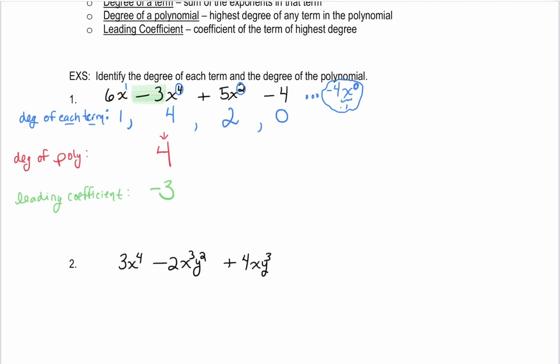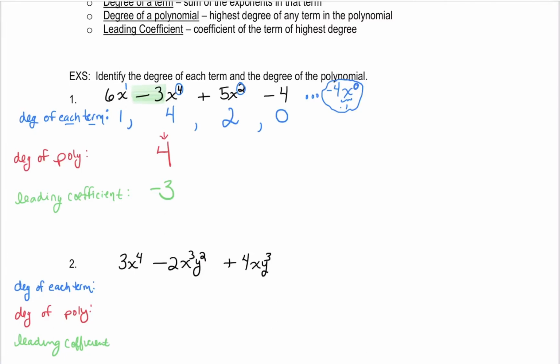All right, so as we look at something like this, again, we're going to identify all the same things that we did up above. So I want us to figure out the degree of each term, and then based on that, the degree of the entire polynomial, and then finally identify what the leading coefficient is.